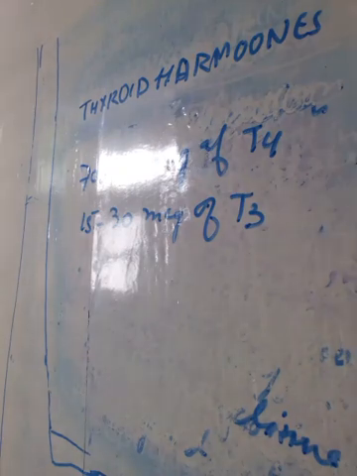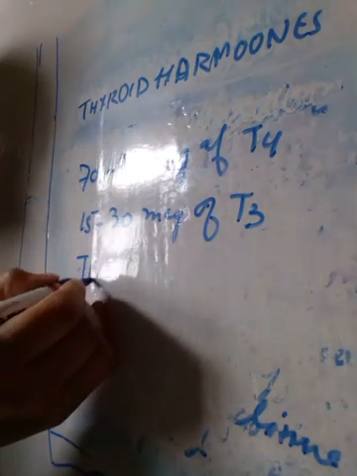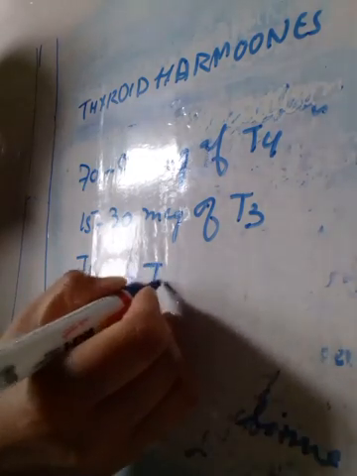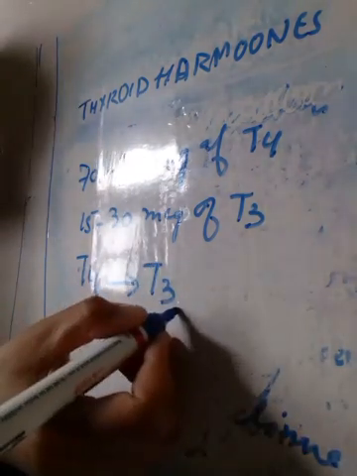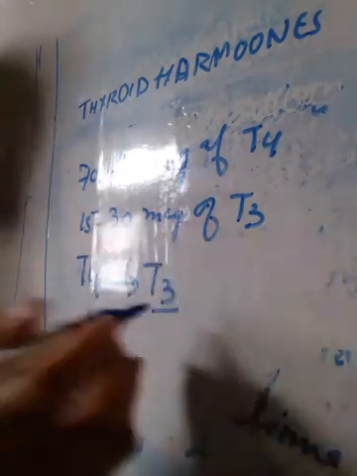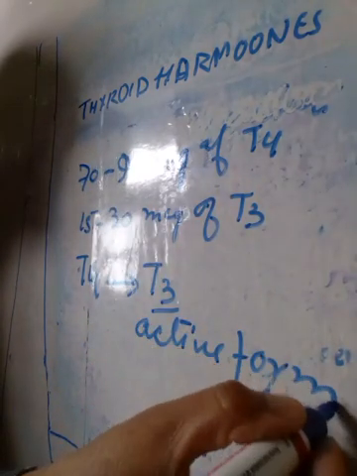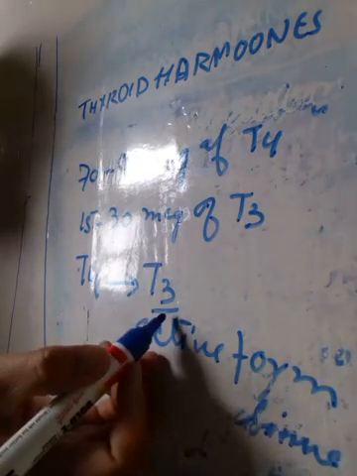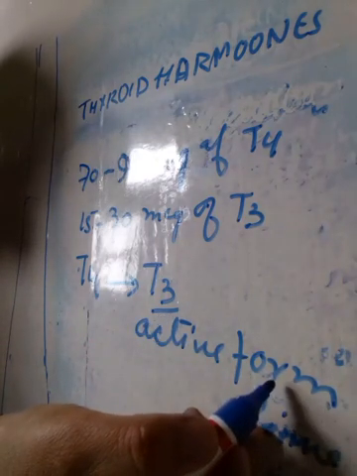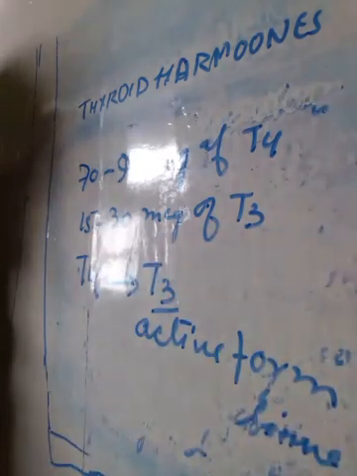It has been observed that T4 gets converted into T3 form, because T3 is the most active form. This is the active form and is more potent.